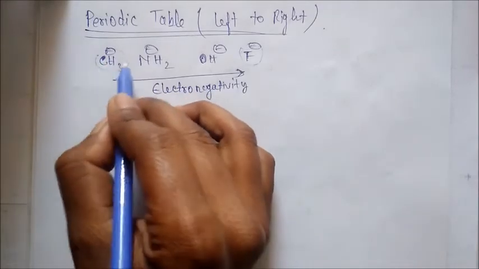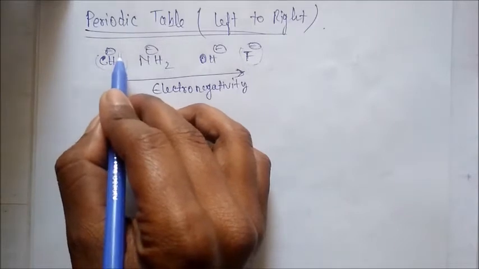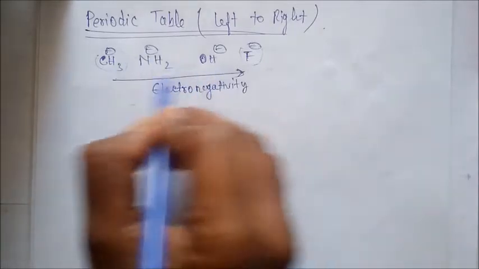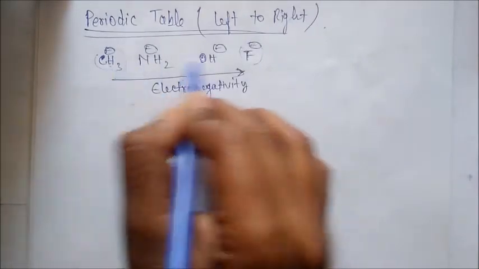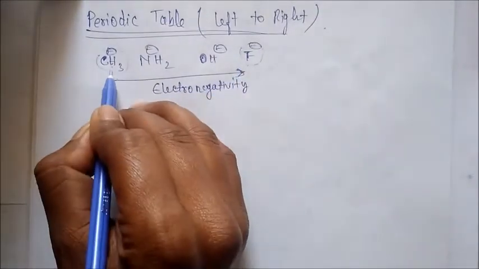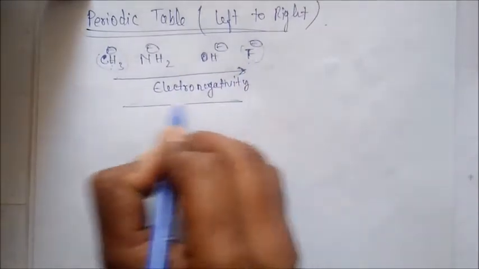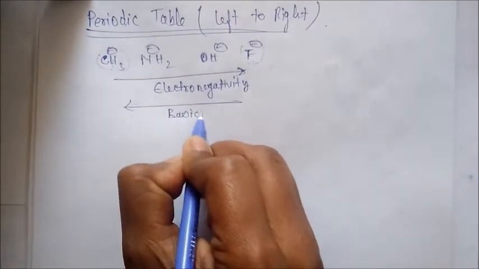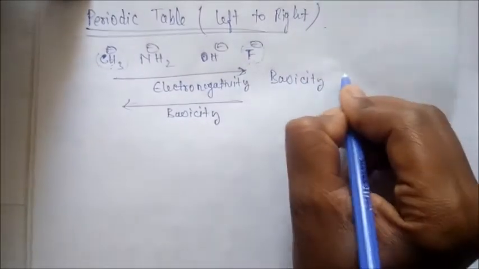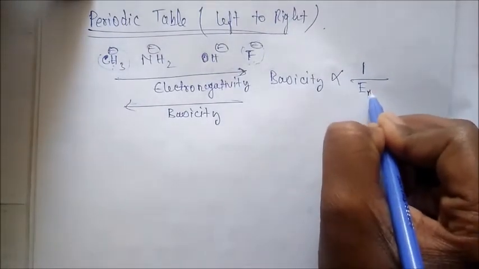In case of CH3 minus, this has lower electronegativity, so this would have higher tendency to donate its electron to others. So we have compared these two. This has higher basicity than this, because this has lower electronegativity compared to F minus. So we have basicity in this order. So basicity here is inversely proportional to electronegativity. Okay.